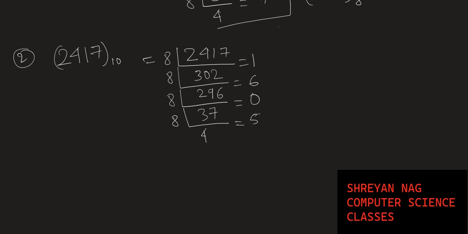Then 4 is less than 8, so we cannot do that again. So from the very bottom to top we are getting 4561 base 8, which is the octal equivalent of this number.